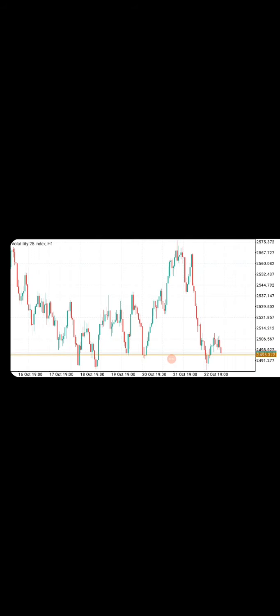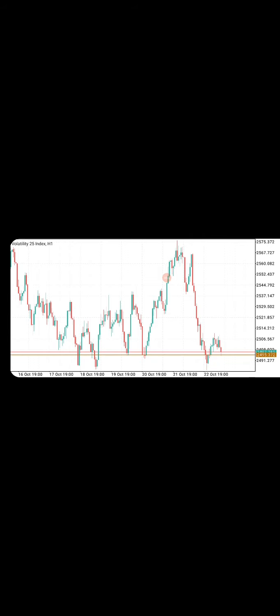If you don't know what support means, support is simple, a horizontal line under which the market refused to go. Pay attention, check carefully. At this level, the market refused to go under. If you check well, you don't have any chart under here.